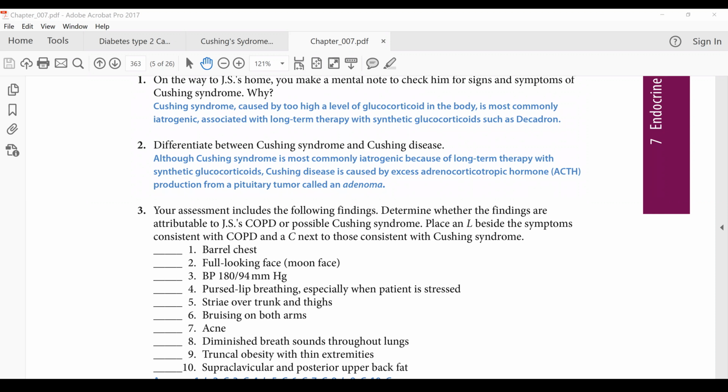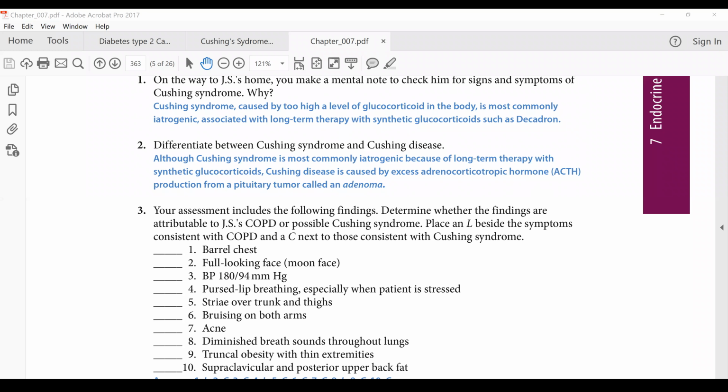Acne. I'm sorry, skip one. Bruising on both arms. That is still Cushing's. Thanks, Kay Gannon and Michelle. Thanks, Sadi. What about acne? Number 7. The skin issue, so it's going to be Cushing's. Correct, Kay Gannon. Diminished breath sounds throughout the lungs. Number 8.